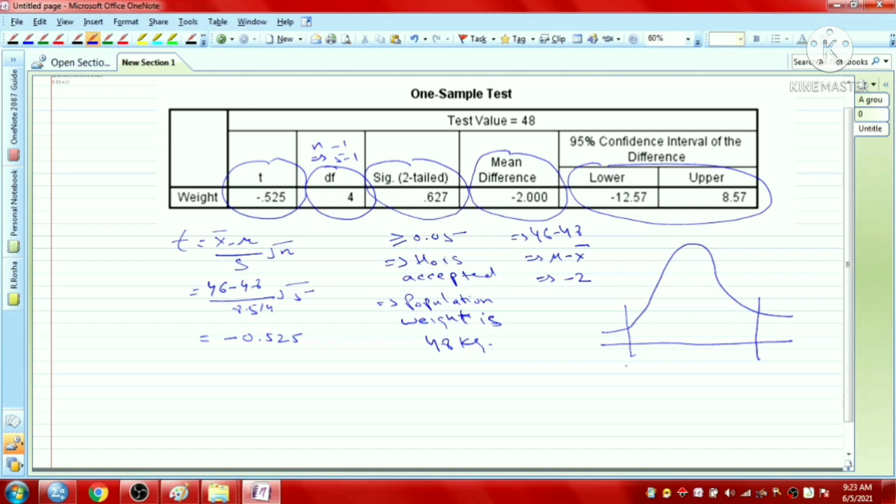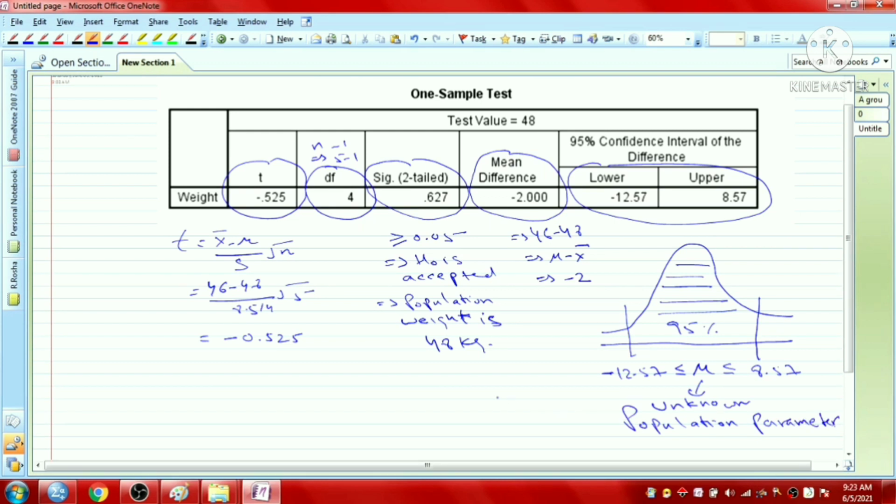It is the range of values in which the unknown population parameter lies at 95% confidence interval. Lower value is minus 12.57 and upper value is 8.57, where mu is the unknown population parameter. Here the range is known as the confidence interval.